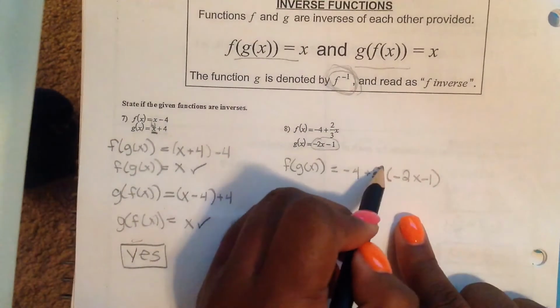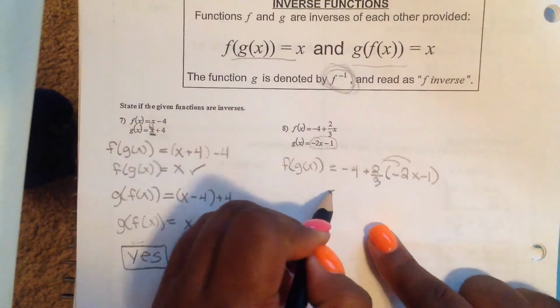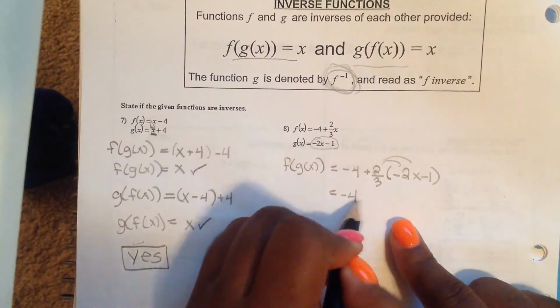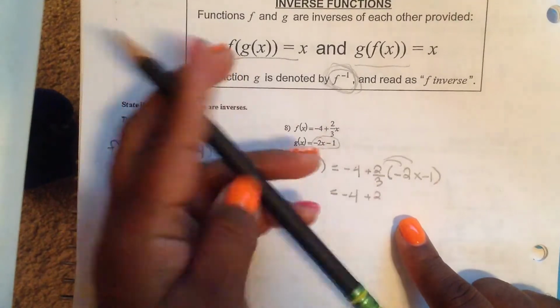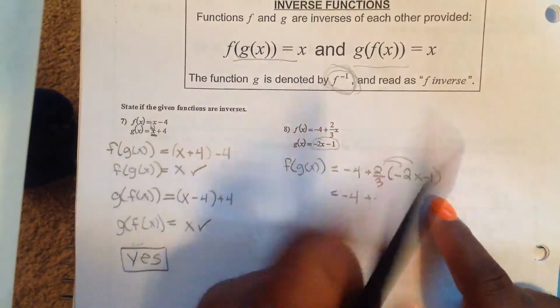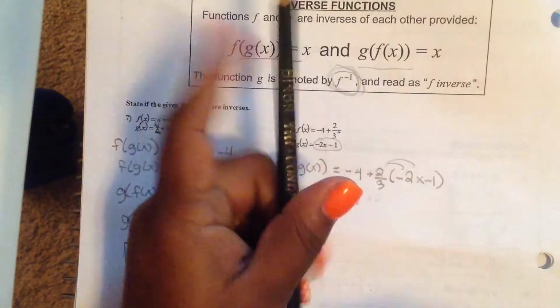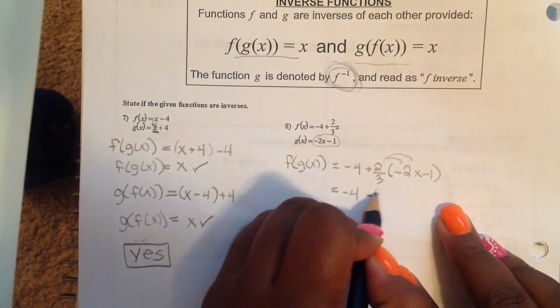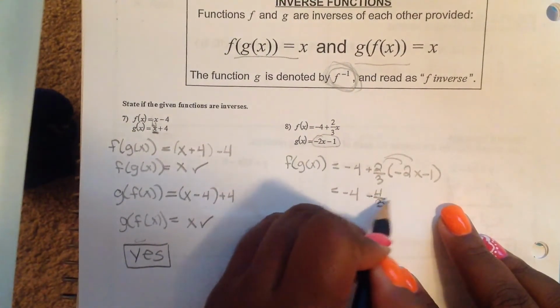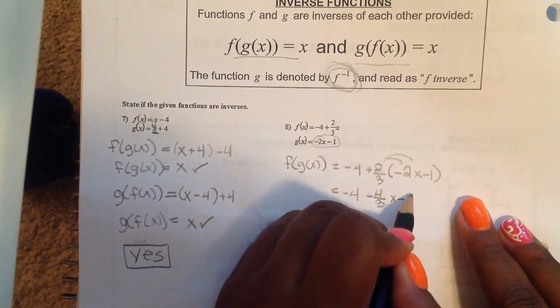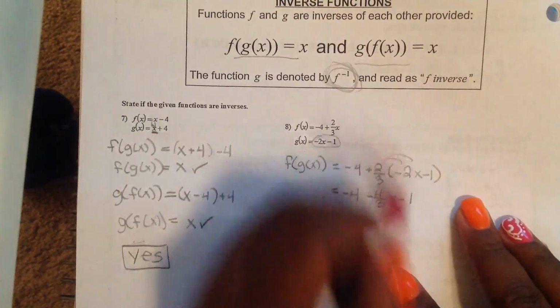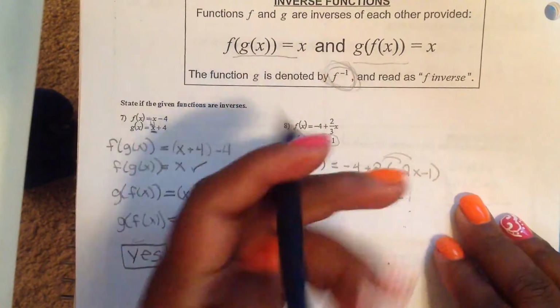With that, we just simplify as much as we possibly can. So we have negative 4 over 3 times x minus 1, minus 2 over 3.